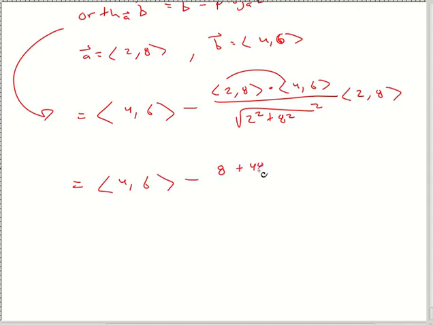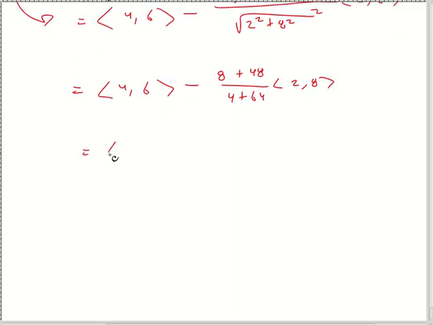Well, I was close. It was 40 somethings. The square root and the square cancel. 4 and 64. Getting closer. Just simplifying this. So my numerator and denominator come out to be 56 and 68.